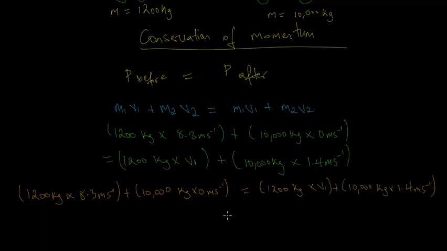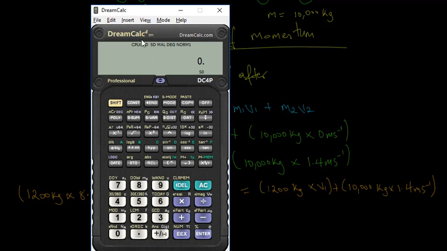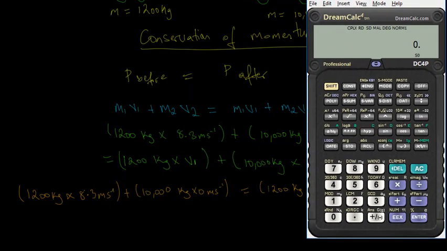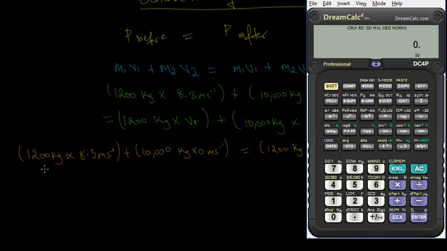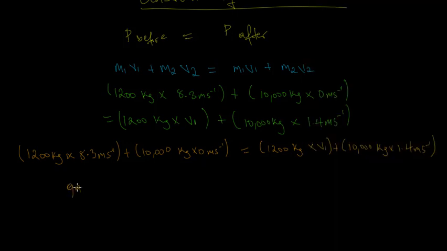Alright, so we can pull out our calculator and start to evaluate. We'll take 1200 multiplied by 8.3 and we'll get 9,960 kilogram meters per second. If we evaluate 10,000 kilograms multiplied by 0 meters per second, we'll get 0.